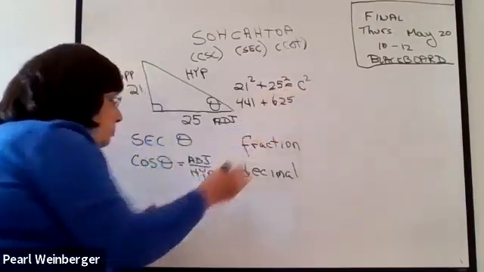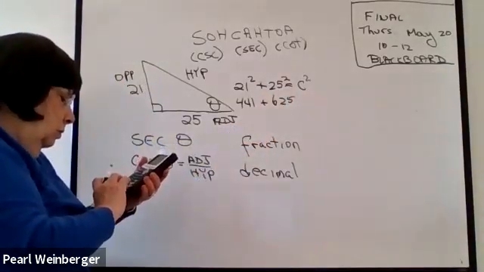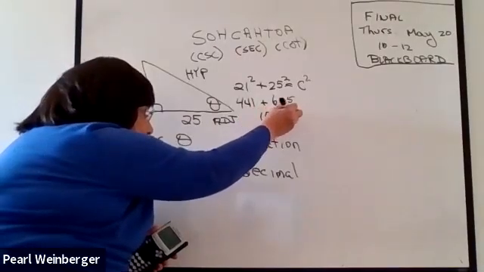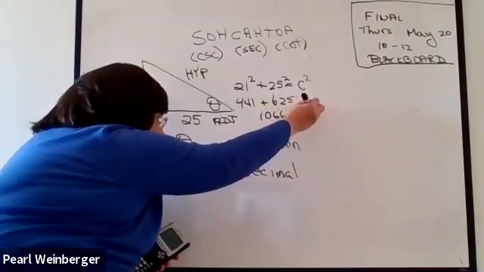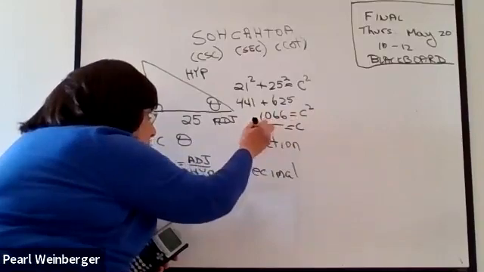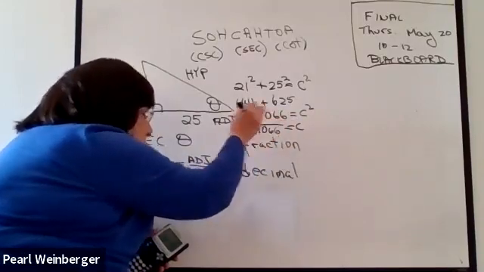So let's add those together. That's 1066. Right, so we get 1066 equals c squared. So c is the square root of 1066.